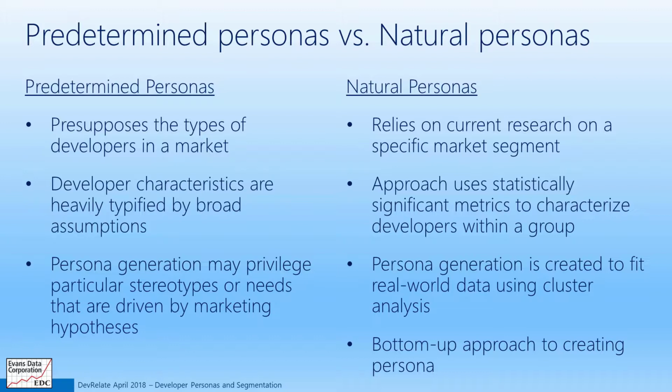And we use statistically significant metrics to characterize who these people are. In this way, we feel that it's more of a bottom-up approach rather than a top-down approach to defining what developers exist within a population.